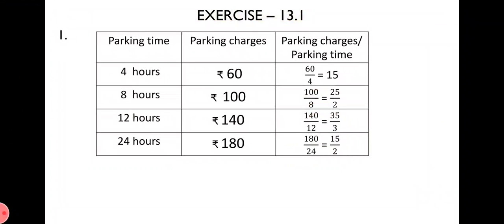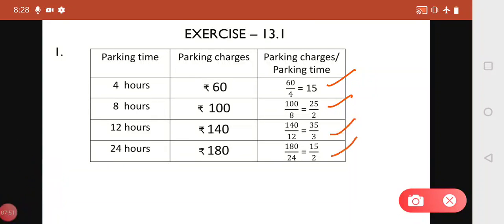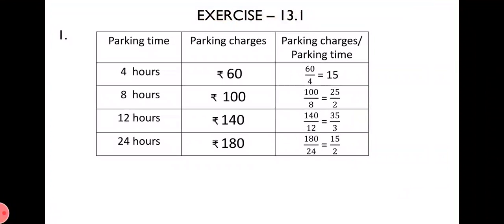Now you can see all the ratios we have obtained, 1, 2, 3, 4, are not constant, means they are not the same. Here 15 is not equal to 25 upon 2, is not equal to 35 upon 3, is not equal to 15 upon 2.